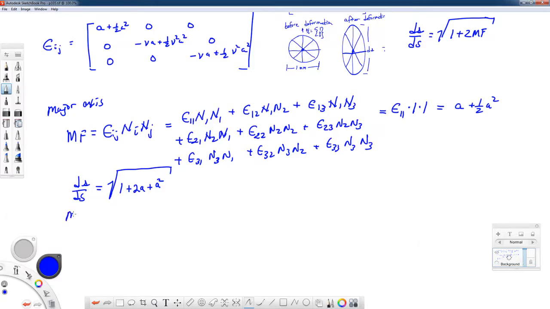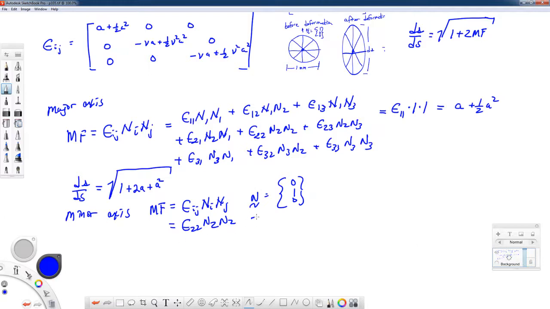Now we do something very similar for the minor axis. The magnification ratio for the minor axis will be given by the same expression, but this time we're going to use the 0, 1, 0 unit vector. And then in that case, the only term that will be left will be the epsilon 2,2 n2 n2 term, where n2 is equal to 1.